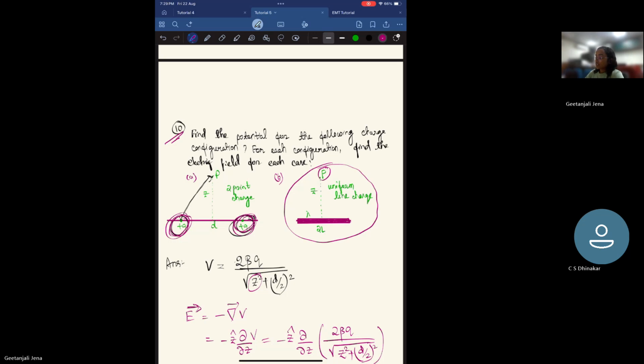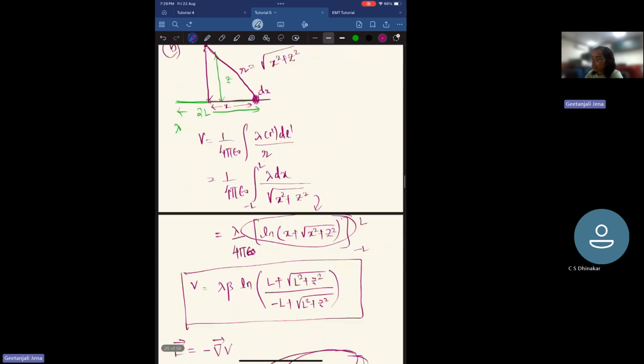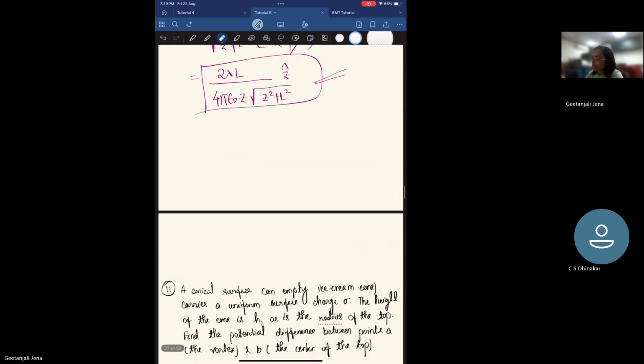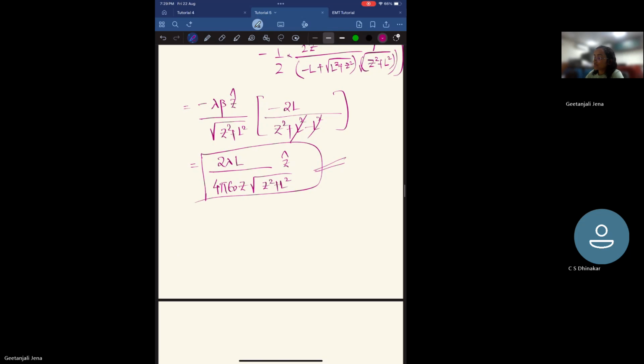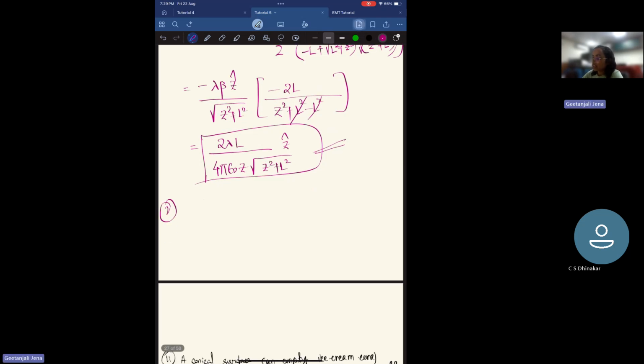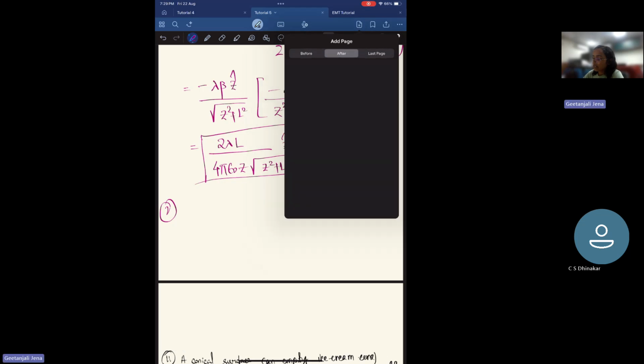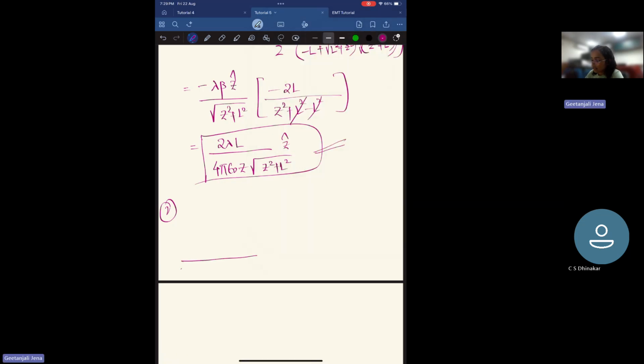Okay. So for the second case, you have a finite line charge. This distance is 2L, and there is a point P at the midpoint of this line.